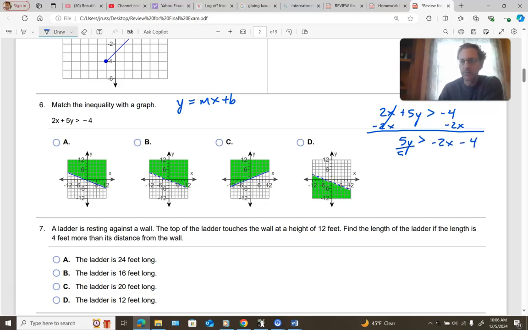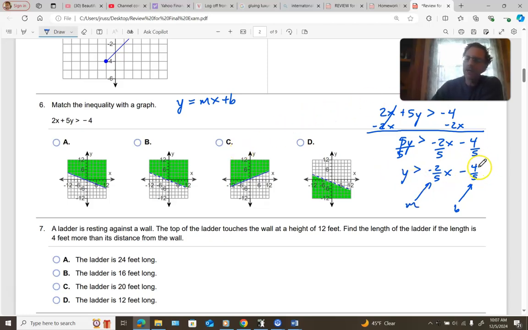And I'm going to divide both sides by 5. Okay, so this will give me y is greater than -2/5 x minus 4/5.